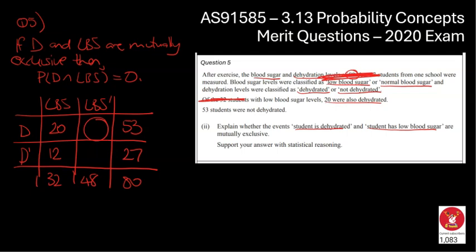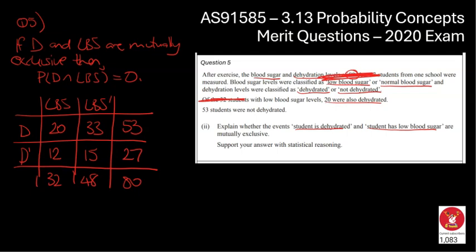This number in the middle here is going to be the 53 minus the 20, which gets me to 33. And then finally, this number here, I could calculate going this way or this way, both should get you the same answer. 50 minus 12 is going to get me to 15. And just checking, 35 plus 15 does get me to 48. So I haven't got any math errors anywhere along my table.